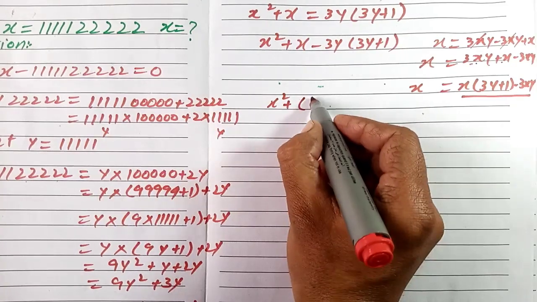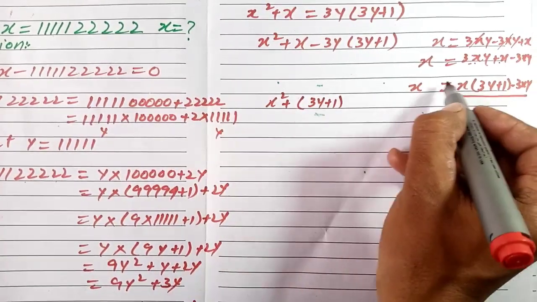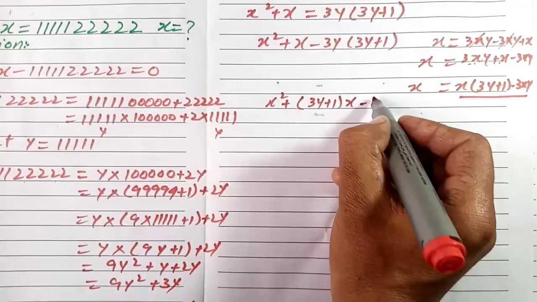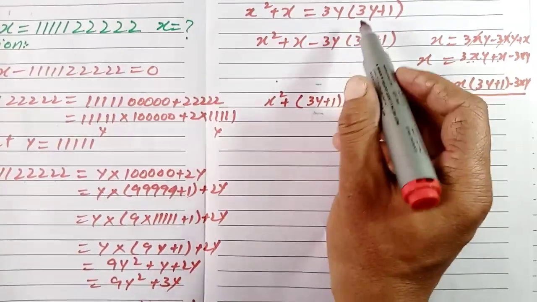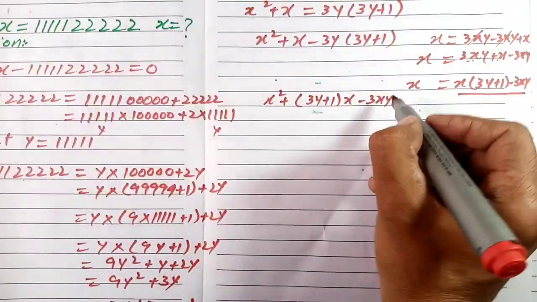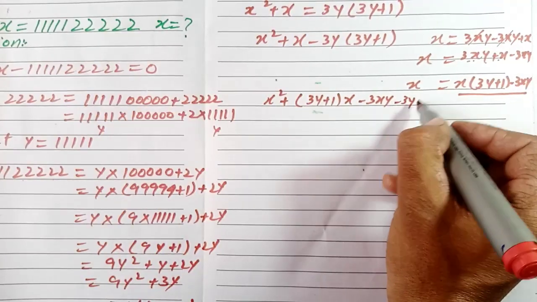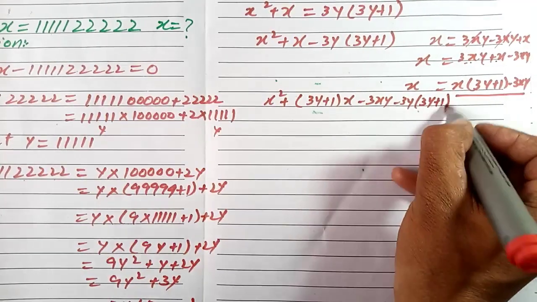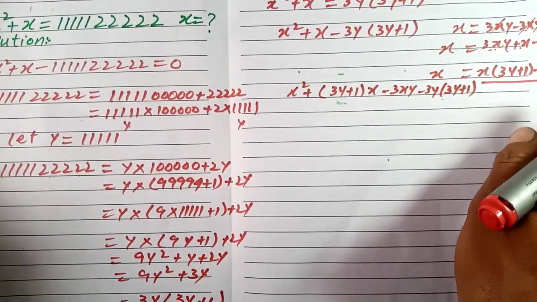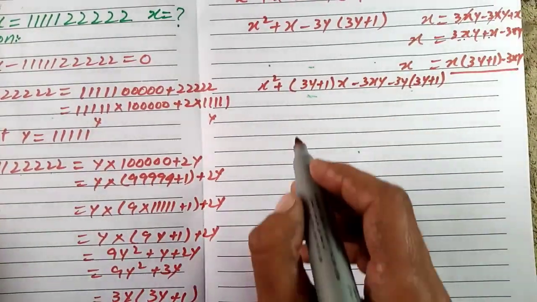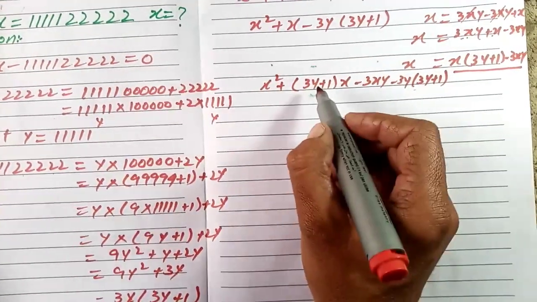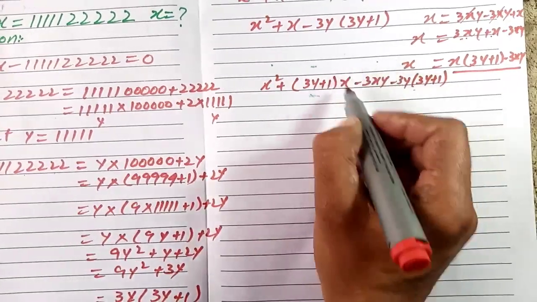We can write 3y plus 1 and multiply x minus 3xy, and this term minus 3y plus 1. So we can get this term.